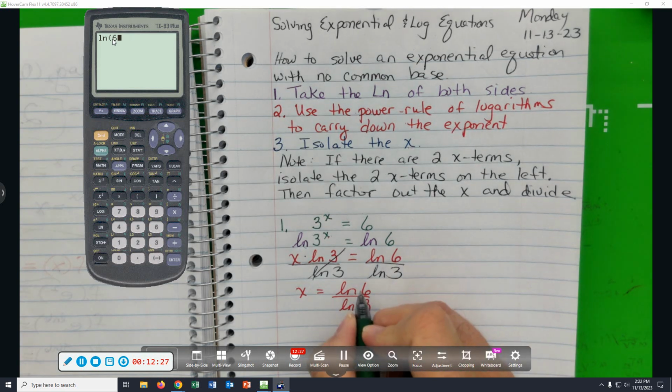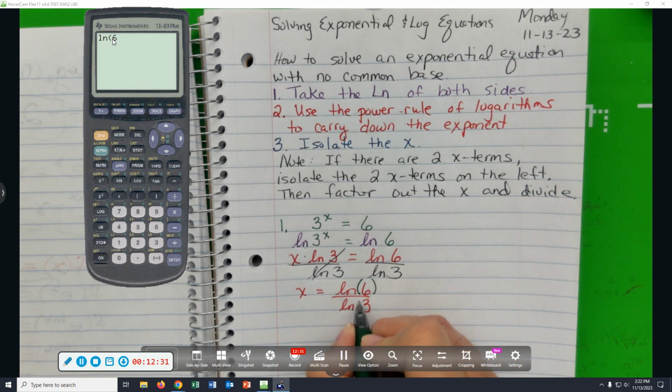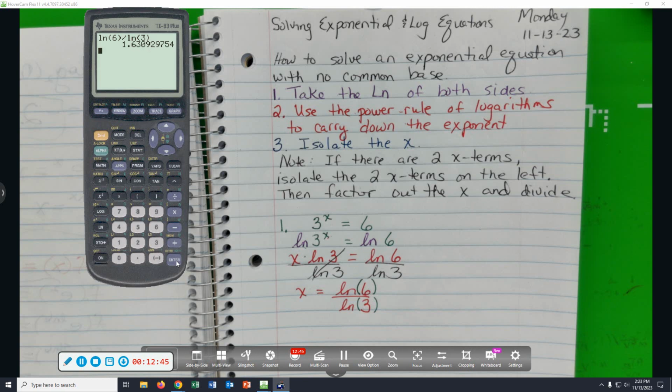So here's what I'm actually punching in. I'm going to write in those parentheses: ln 6, close parentheses, divided by ln 3, close parentheses, equals.